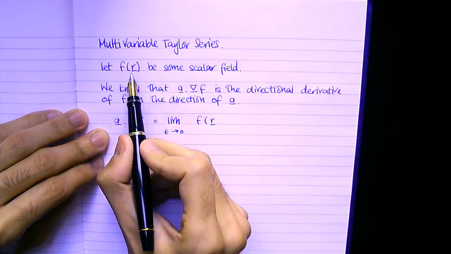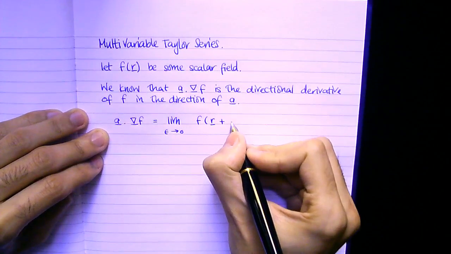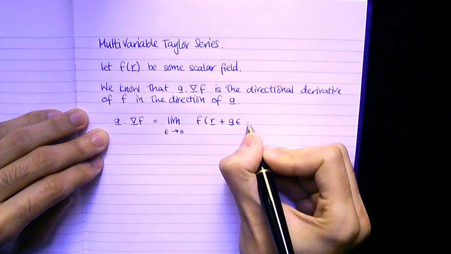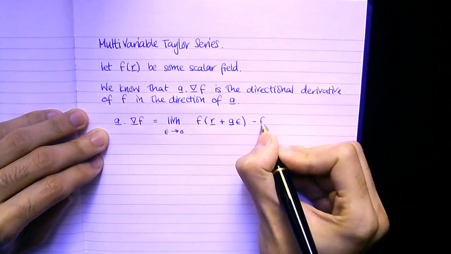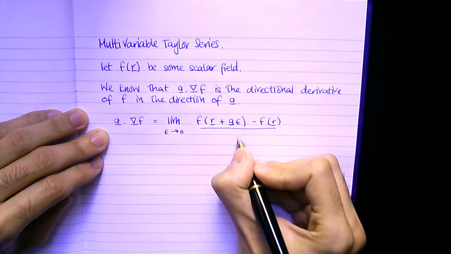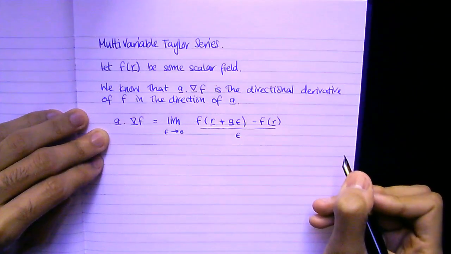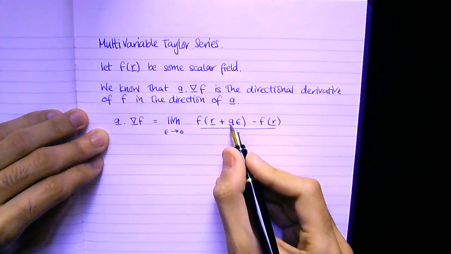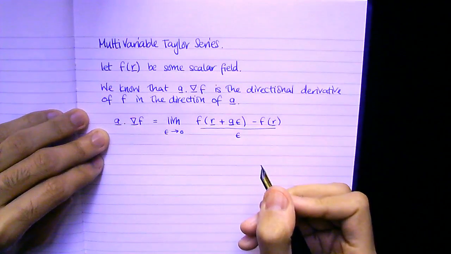Remember, our general point is R, so starting at some general point, we move epsilon in the A direction, a small amount in the A direction, and we subtract from this our original position, and then we take the slope of this function. So this is the slope in the A direction, moving some small epsilon in that direction.